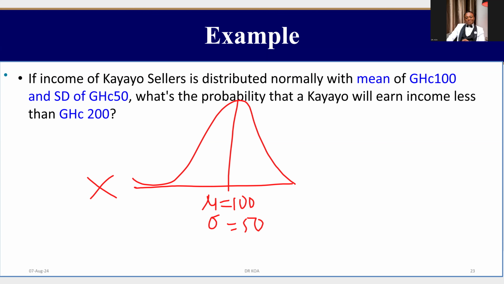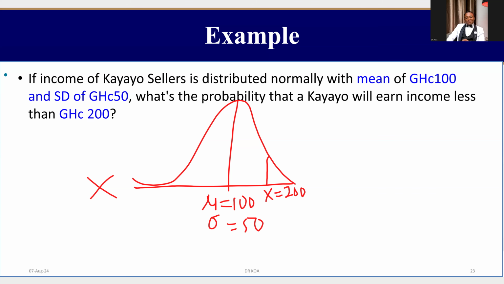Now, if the center is 100, then the 200, is it to the right of the 100 or below the 100? The 200, is it above or below? It's above. So now we have to identify any corner here and call it 200, and that's the X value that we're looking for.